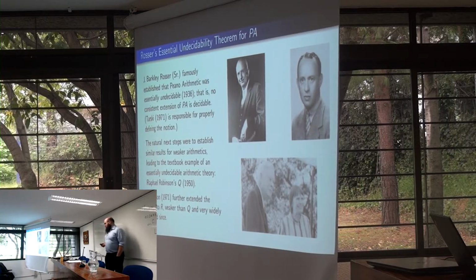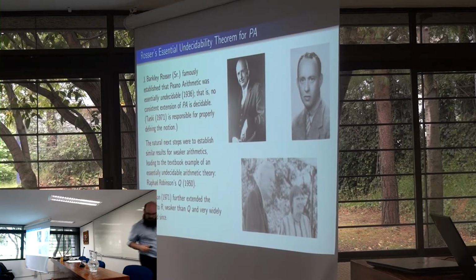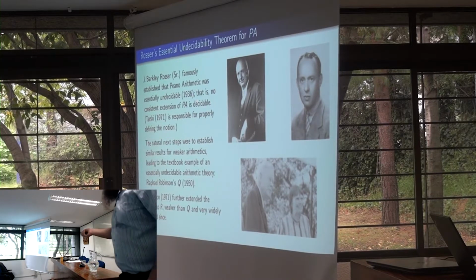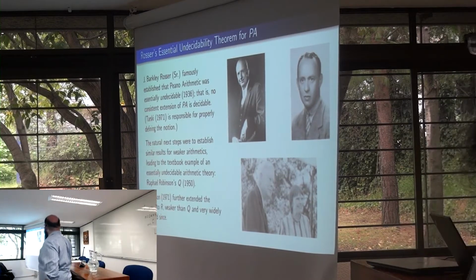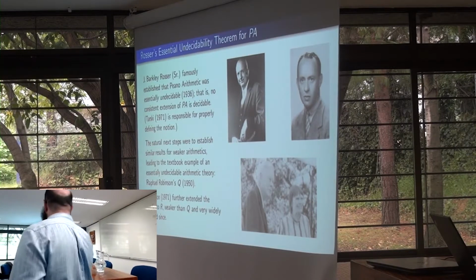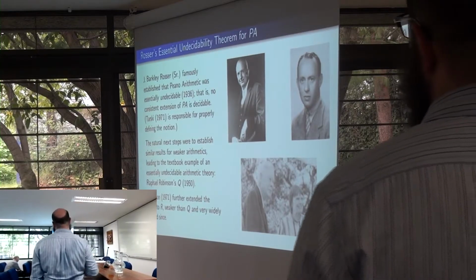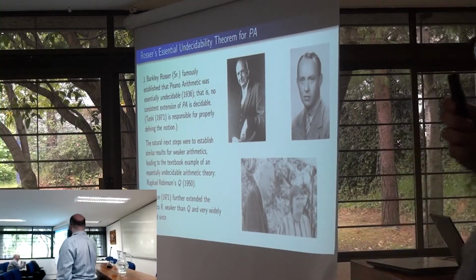And it wasn't until Tarski gave a proper definition of that notion. So here's Rosser and here's Tarski, a few years before he gave the definition of the notion in question.